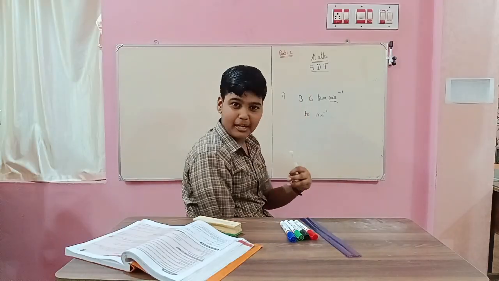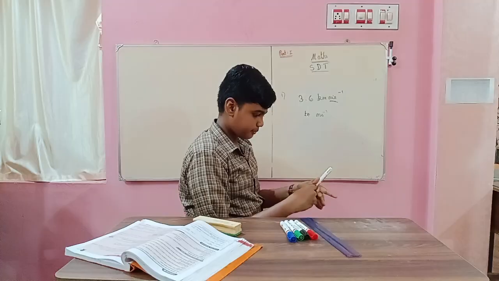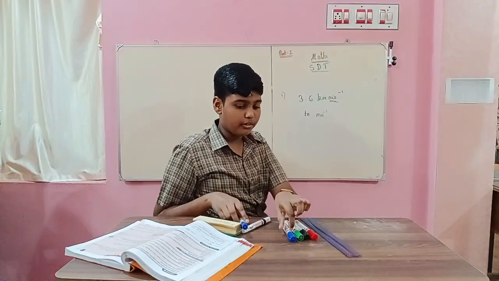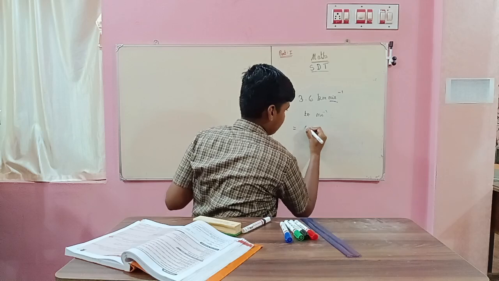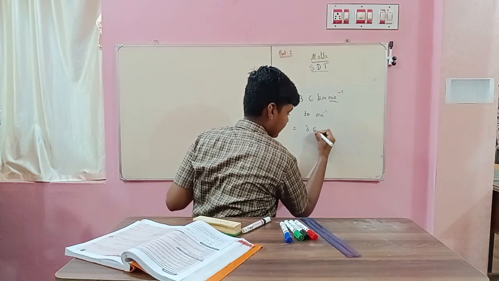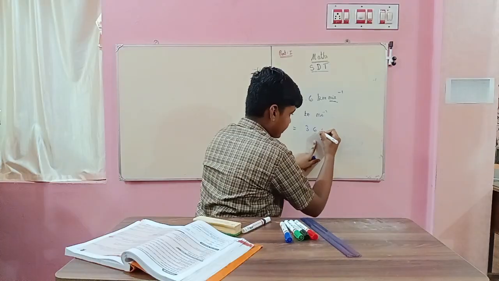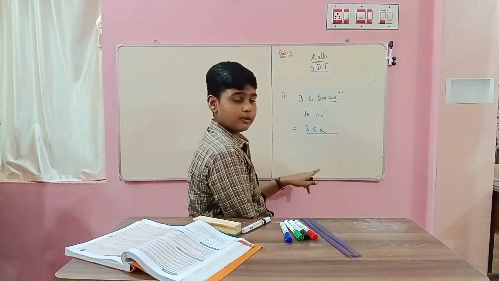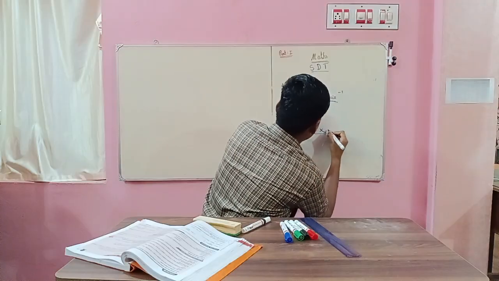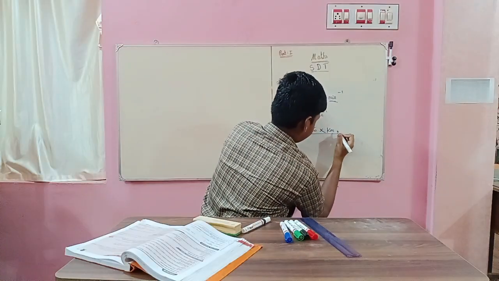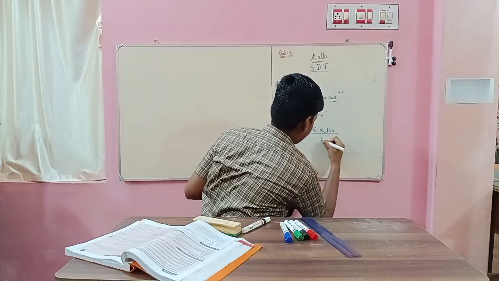So the 5/18 I told you that won't be used here. Instead, what formula we will be using is 3.6 into kilometer by minute. Can you understand?